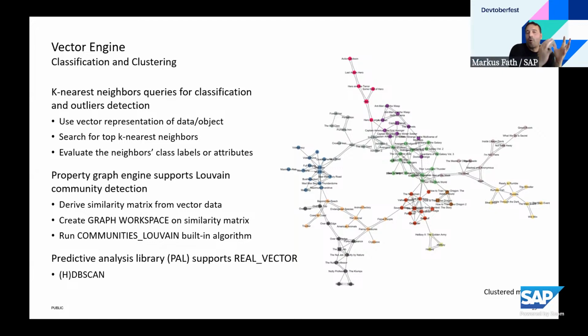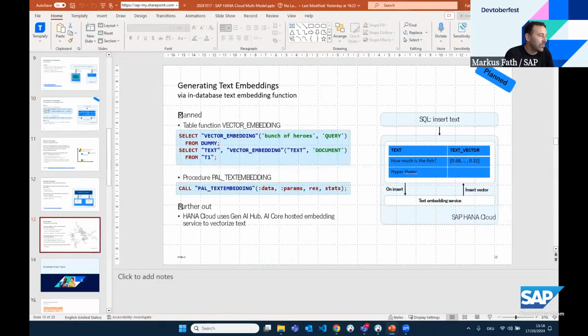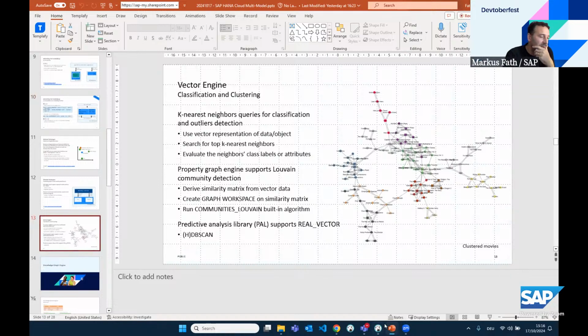For each document in your data set, you evaluate the top 5 nearest neighbors and store its similarity or distance. If you look at that partial similarity matrix, you can interpret it as a network, as a graph, and then use graph engine capabilities and built-in algorithms like the Louvain community detection algorithm on top. This is what I would like to briefly demonstrate.